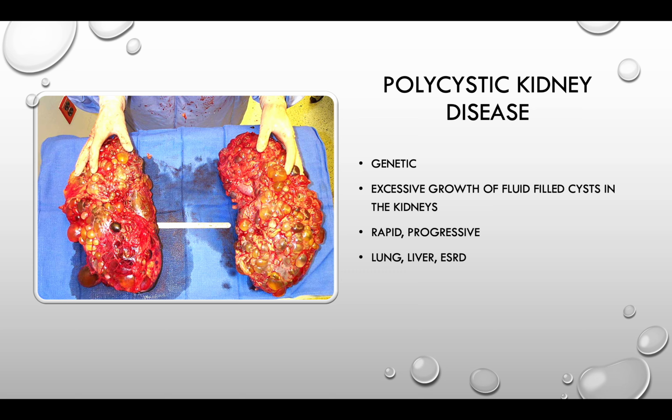There is a childhood type, and I don't teach pediatric nursing, so I'll just leave it at that. And then there is another type. It's an autosomal dominant type. It happens in adults. It is actually fairly common. I don't know how common, but fairly common. And it can appear not only in the kidneys, but also in the liver, the spleen, and the pancreas.